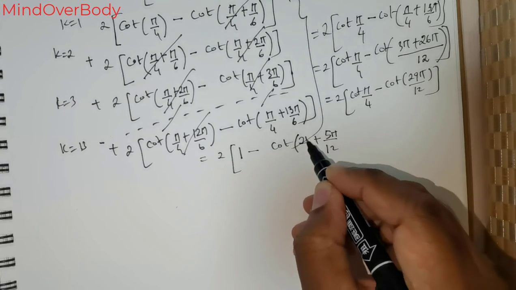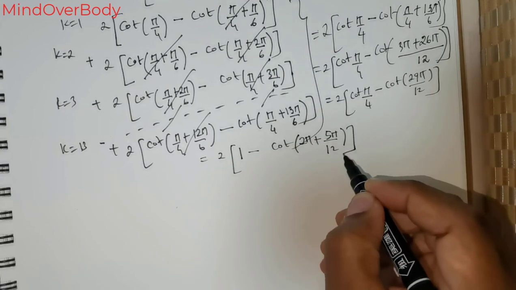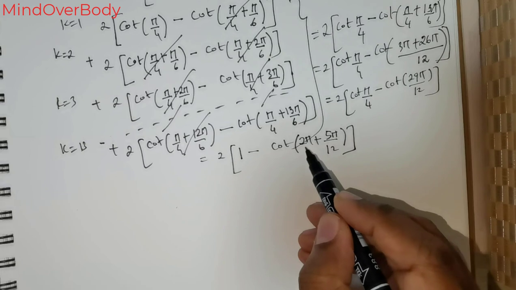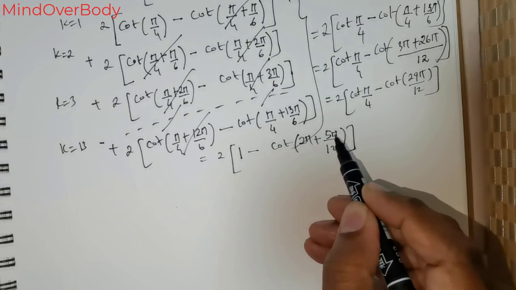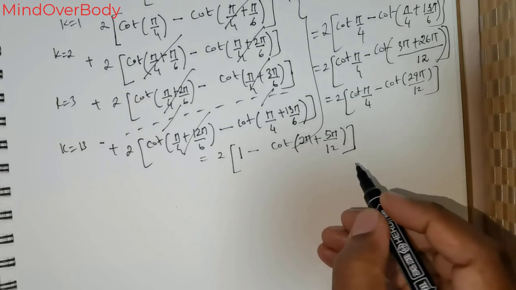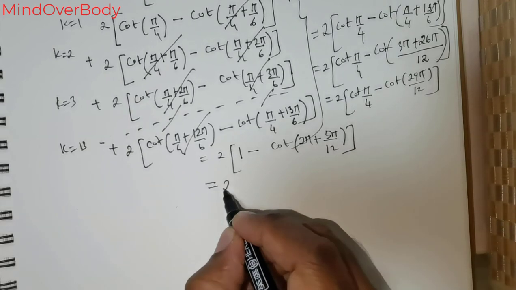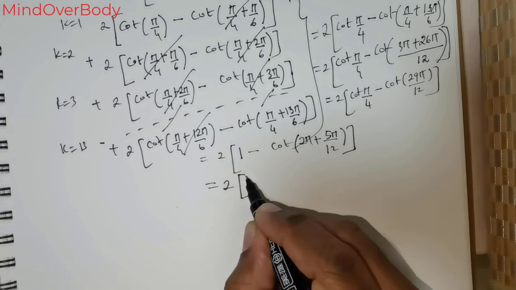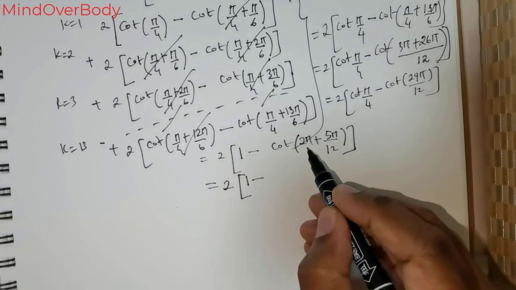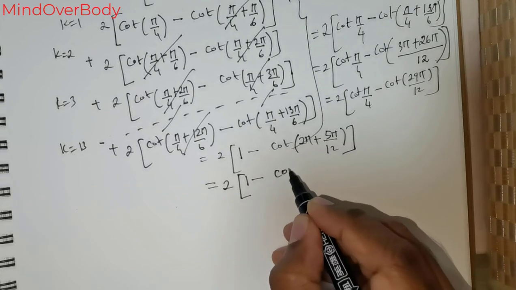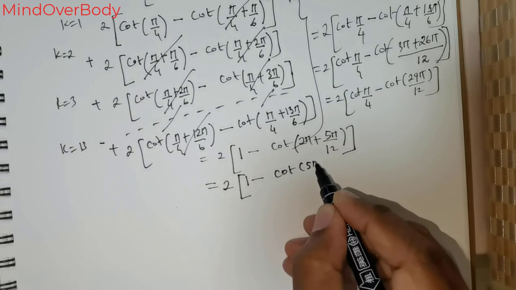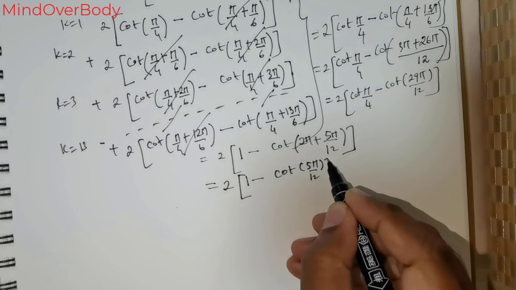If I were to place a 2 pi here, I think that would be the right choice, because 2 pi times 12 would give me 24 pi plus 5 pi. That would give me 29 pi. So that's the ideal choice. So this is 2 times 1 negative cot of 2 pi positive 5 pi over 12. So that's nothing but cot of 5 pi over 12.